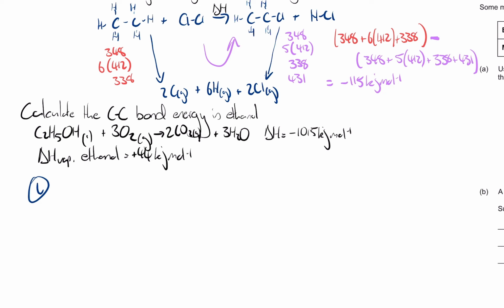So we've got C2H5OH plus 3 lots of O2 makes 2 lots of CO2 plus 3 lots of H2O.